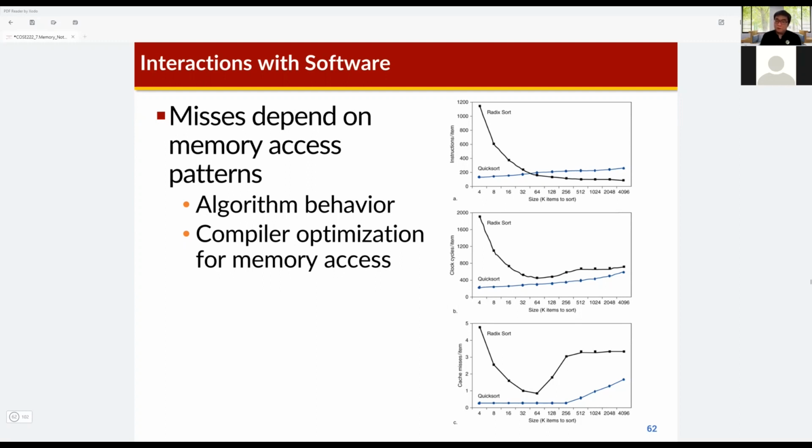This graph shows some characteristics of different sorting algorithms. The first graph shows the number of required instructions per item, because this is a sorting application. You can find the different characteristics here, and then the required clock cycles per item.